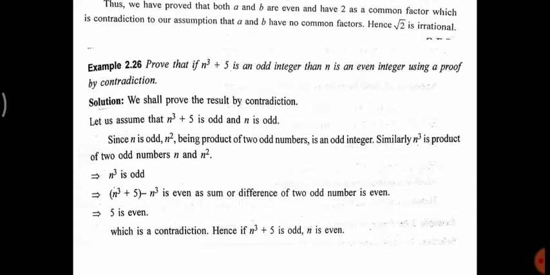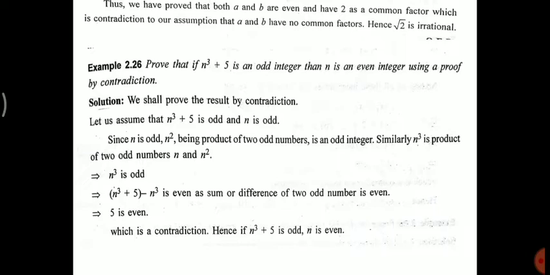Prove that if n cube plus 5 is an odd integer, then n is an even integer using proof by contradiction. We shall prove by contradiction. If n cube plus 5 is odd, then what we have to prove is n is even, but we assume n is odd.